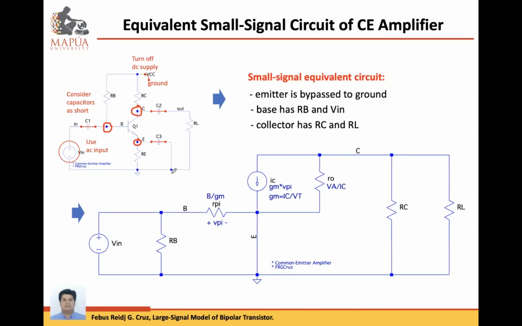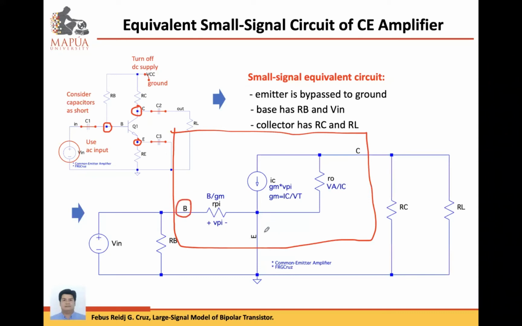Sir, paano nangyari yan? This portion, to. If you notice, meron tayong label, no? You have the base terminal, emitter terminal, and the collector terminal. So all of the components here are the equivalent circuit of, this is just the transistor Q1.